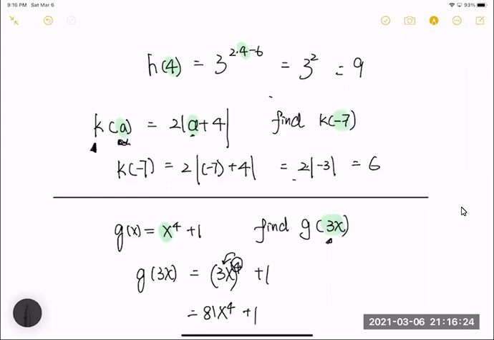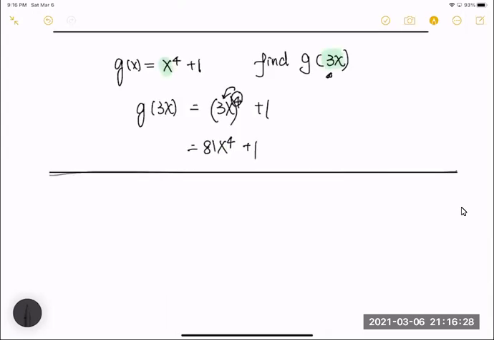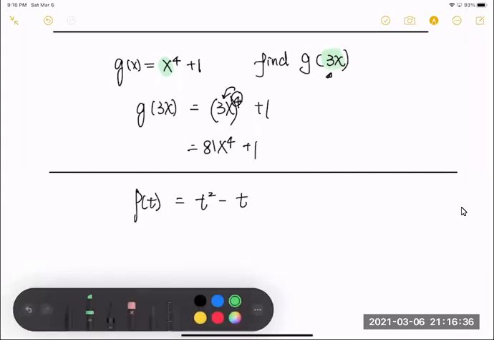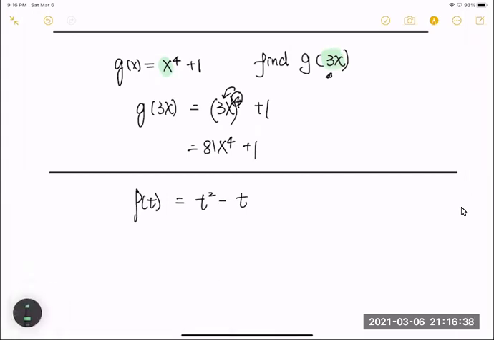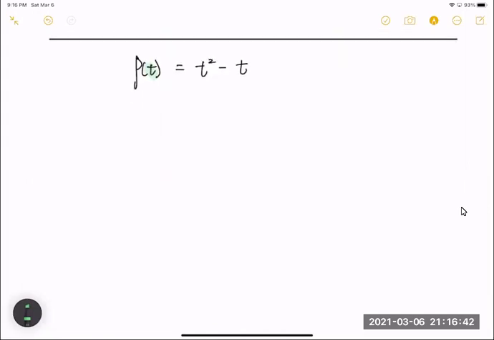Okay, now let's do a way more complicated one, the last example. So if I have p of t equals t squared minus t, how many t's are in the equation? We know that inside the parentheses is a t, so that means this equation is about an input value of t.